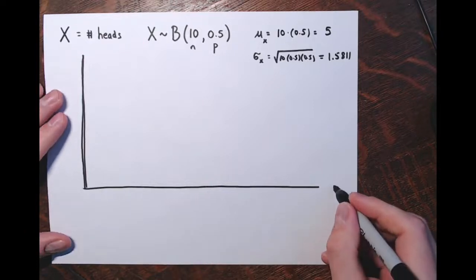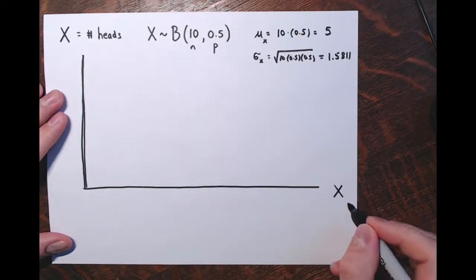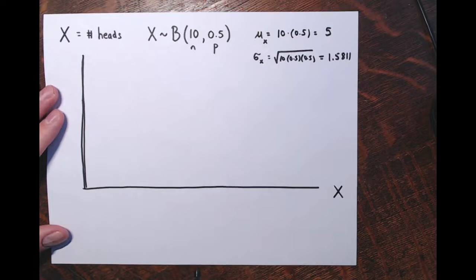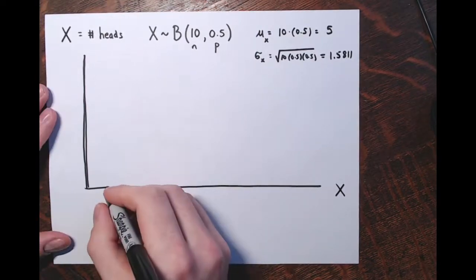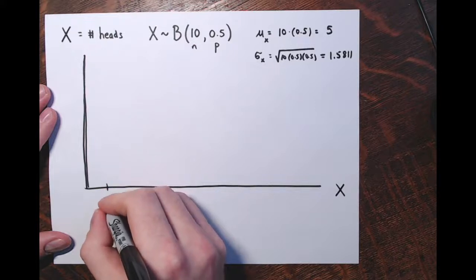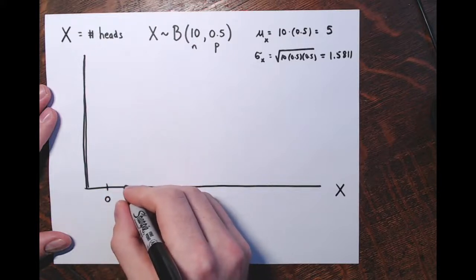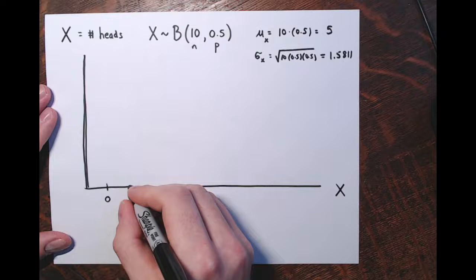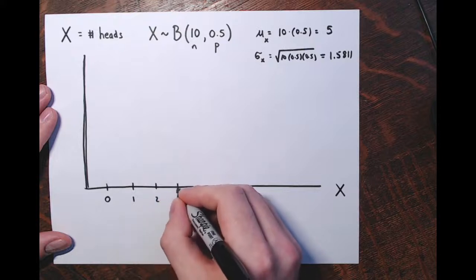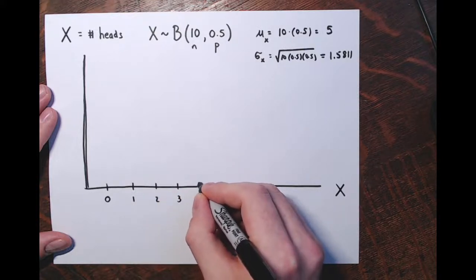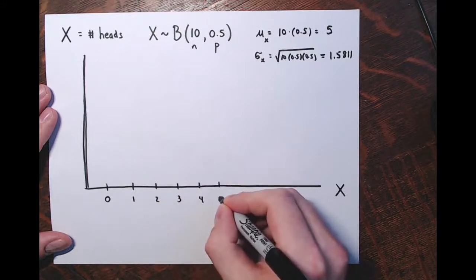So down here, x is the number of successes, right? The number of heads flipped in these 10 flips. Now, x could be 0, and I'm going to try to evenly space these. 1, 2, up to 10.